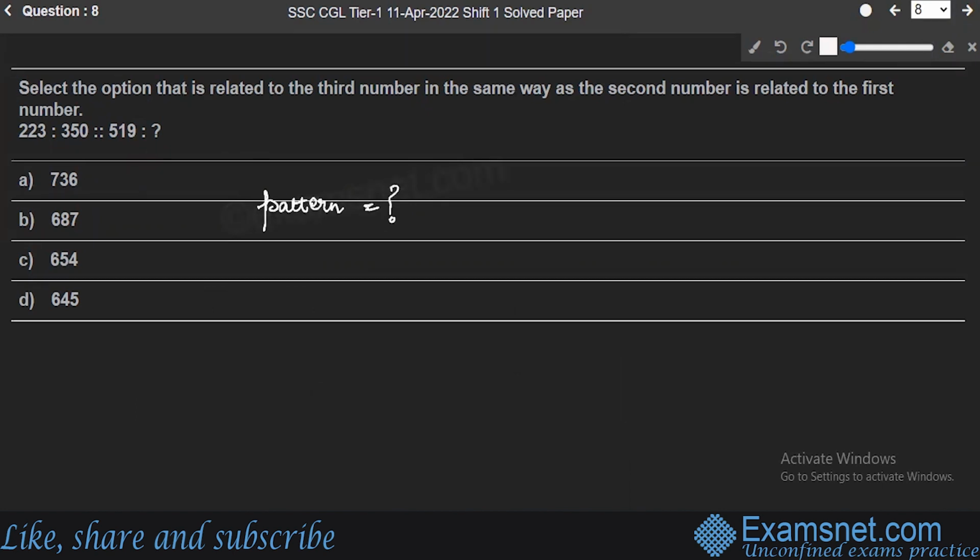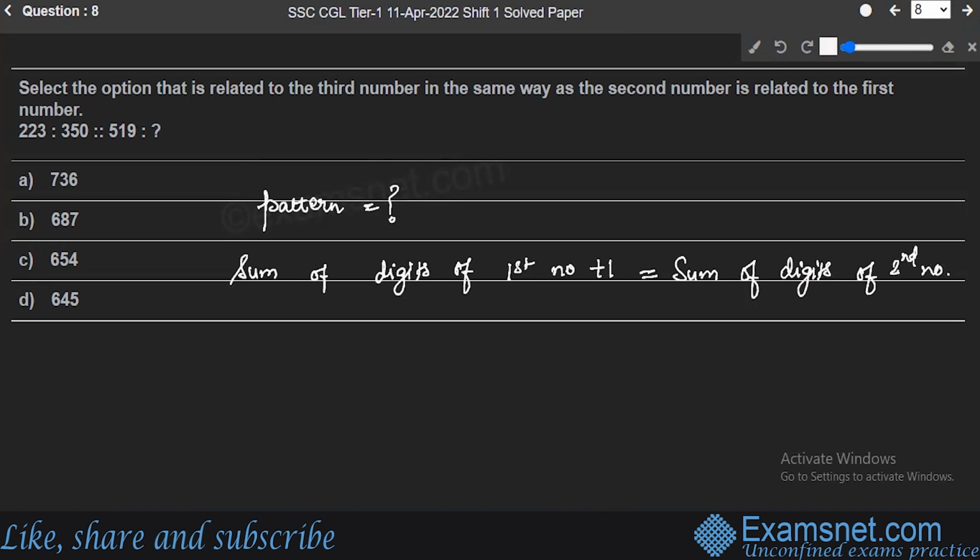So the pattern over here is the sum of digits of the first number plus 1 is equal to the sum of digits of the second number.